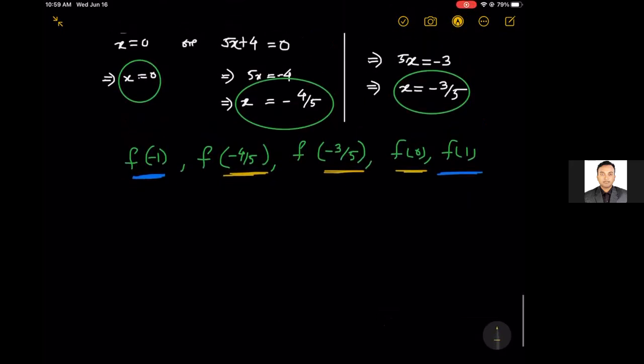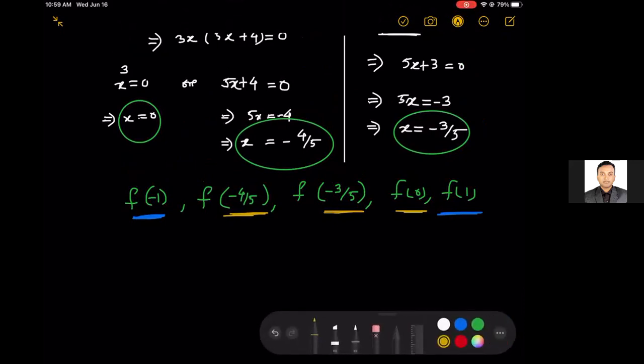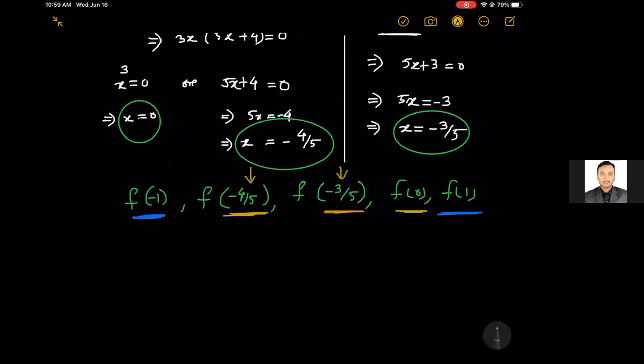First of all, is there any group which got different critical points than this? Is this the same for all of you?